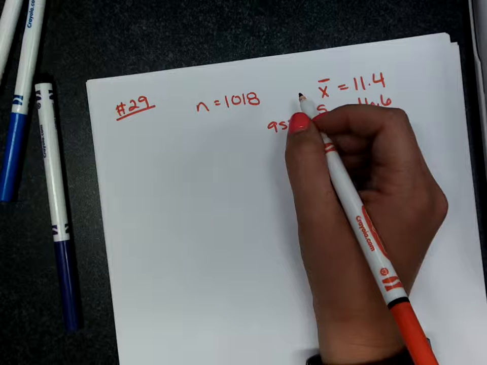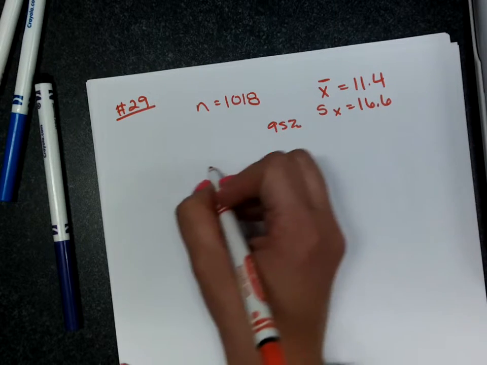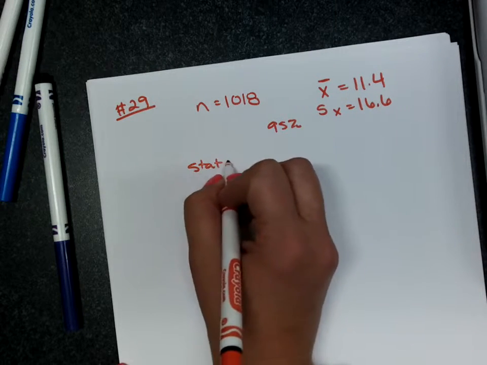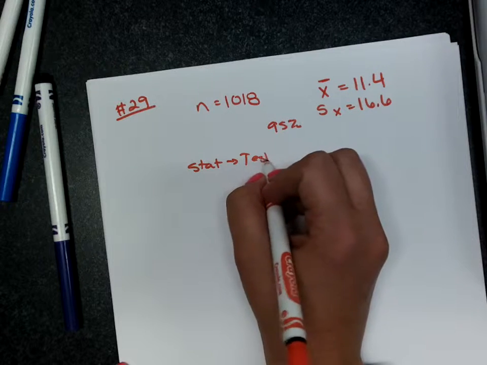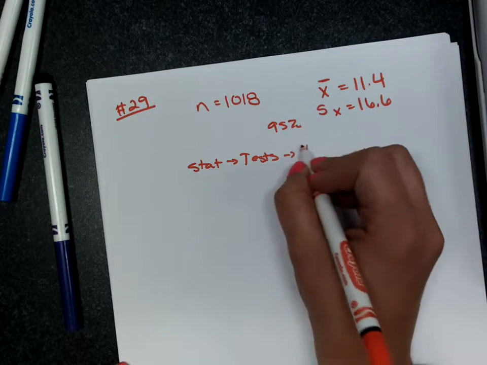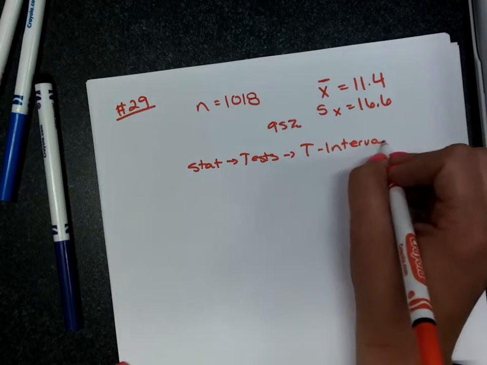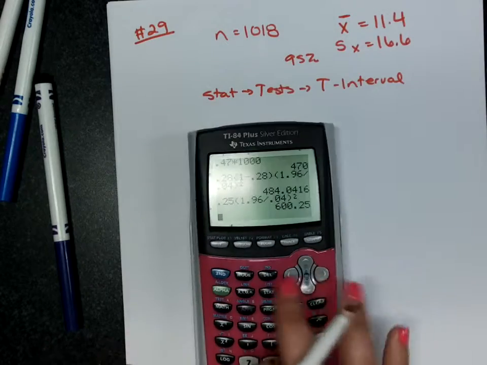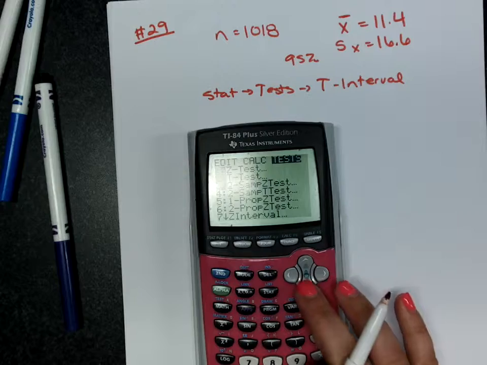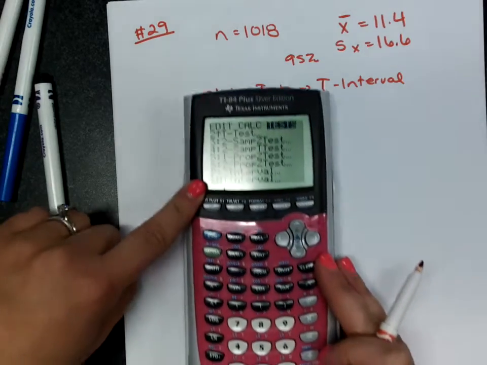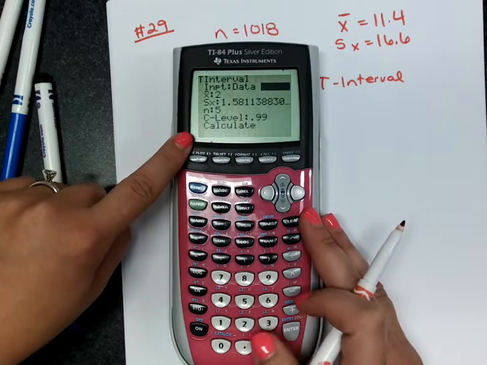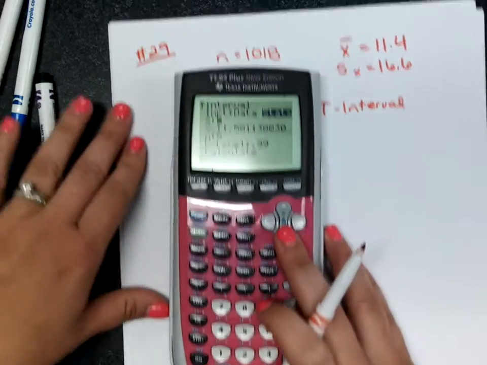So we don't have to set this up, we just want the confidence interval. So if you go to stat and then tests in the calculator, you'll find one that says t interval. Stat over to test, down to option 8. It says t interval. And it will just ask you for the information.